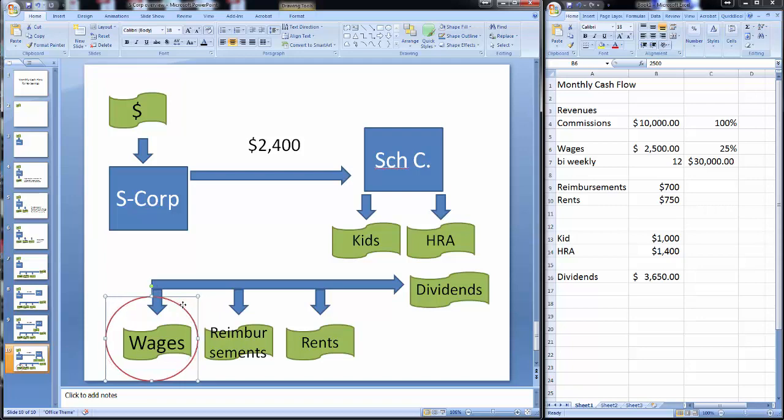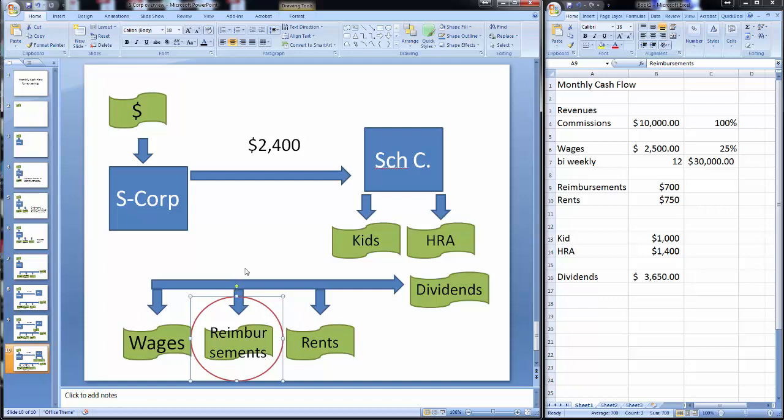Okay, what's the next check that's going to come out? So we did commissions, we did wages. What's the next one? Reimbursements. What is reimbursements? Use the worksheet. That's your office and home, cell phone, personal vehicle, a vehicle that's owned by you, not by the S corporation.